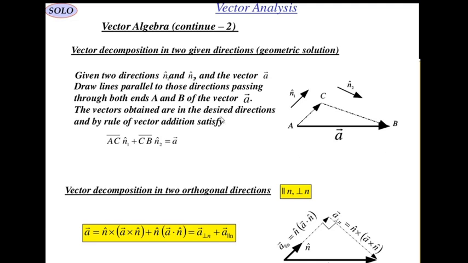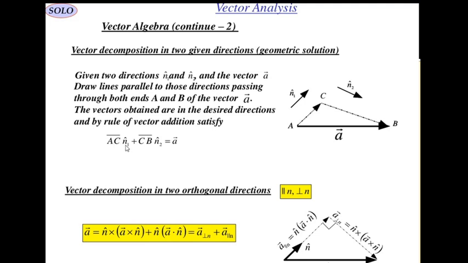You can also show any particular vector in terms of its two components. Let us say this is unit vector n1 cap and this is unit vector n2 cap. Then the AC segment is not a vector, it is the scalar one.